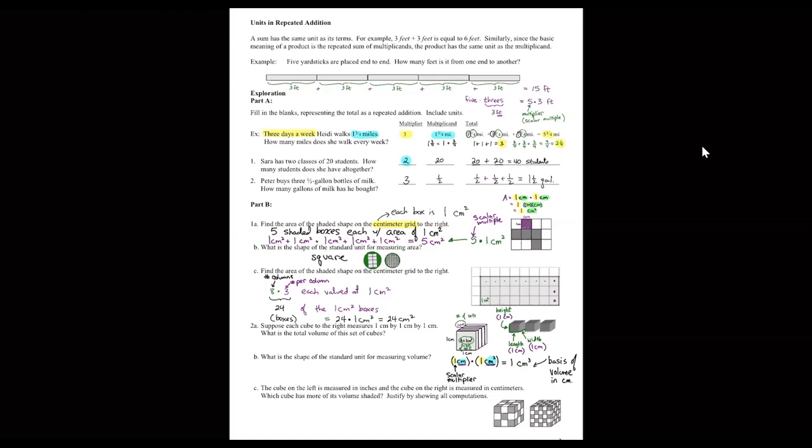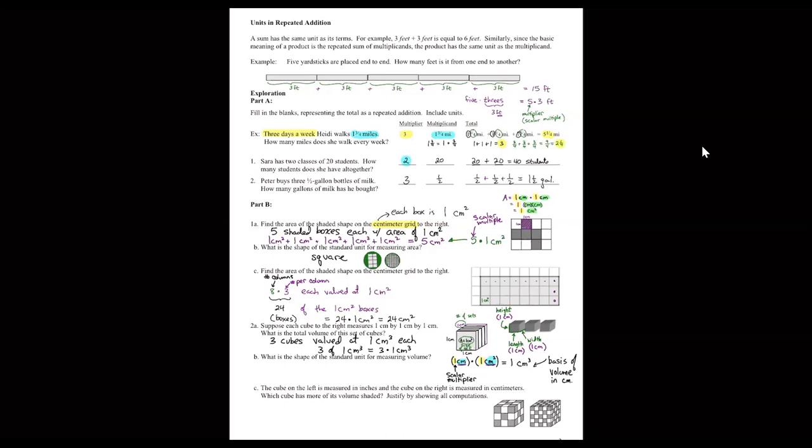But when we want the total volume, we have 3 cubes valued at 1 cubic centimeter each. So that's 3 of those 1 cubic centimeters, which is 3 times 1 cubic centimeter.